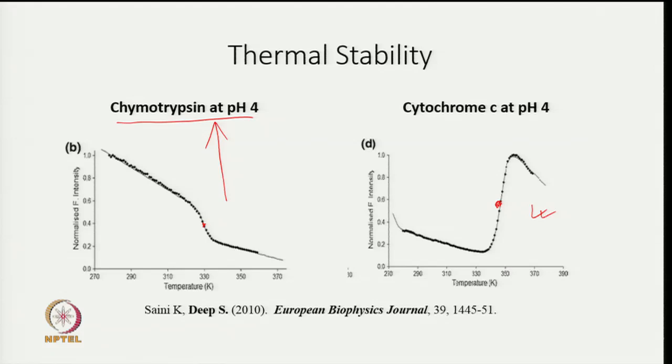There is one difference between chymotrypsin and cytochrome C. Here, tryptophan intensity is decreasing when temperature is increased, and so you are looking at a decrease of intensity. But in the case of cytochrome C, what we are looking at is not tryptophan fluorescence, but basically fluorescence due to heme.